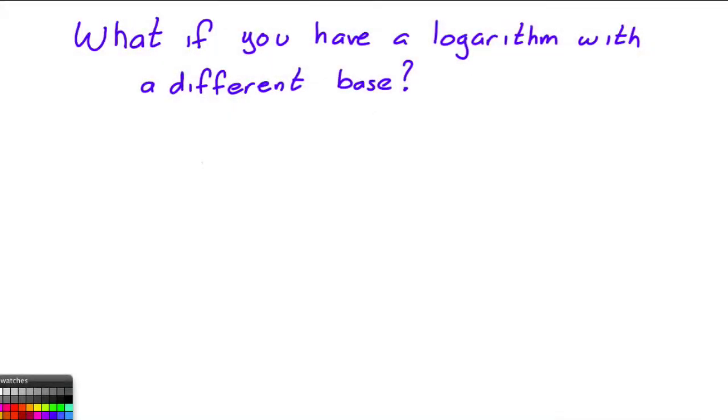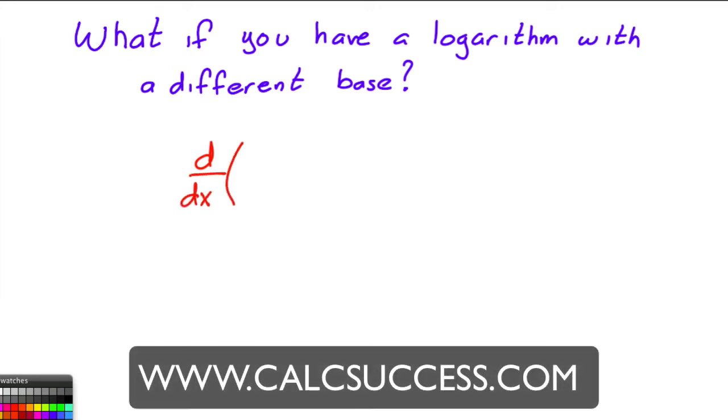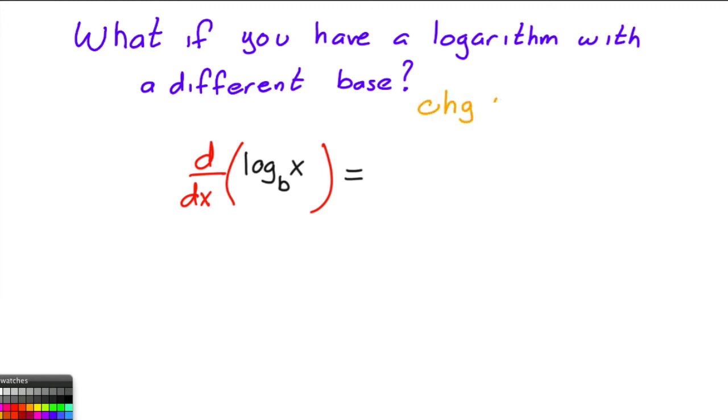Okay, so now the question is, what if we have a logarithm with a different base and I still want to find the derivative? Well, simple. Let's say we've got the derivative of log with a base of b of x. Well, the trick is to use the change of base formula.